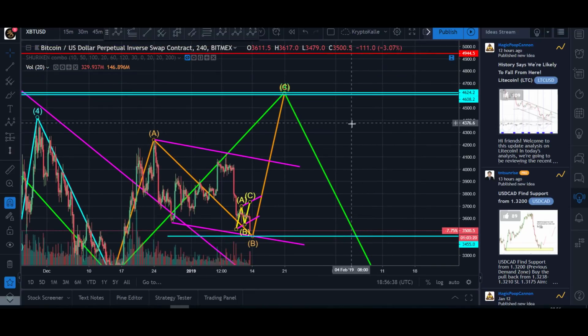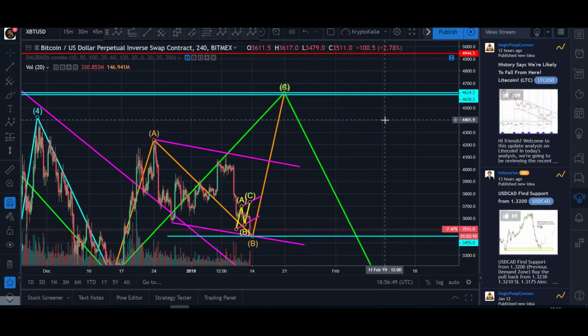Why do I expect it to be that? Because it's very likely that it is 1-to-1. One point is that there is a very major resistance area at 4,600, so I'm expecting a reaction from there.